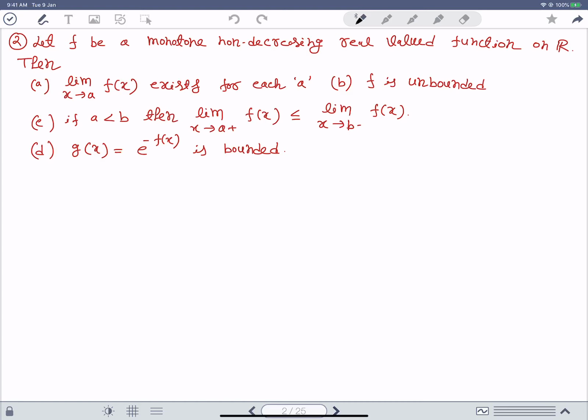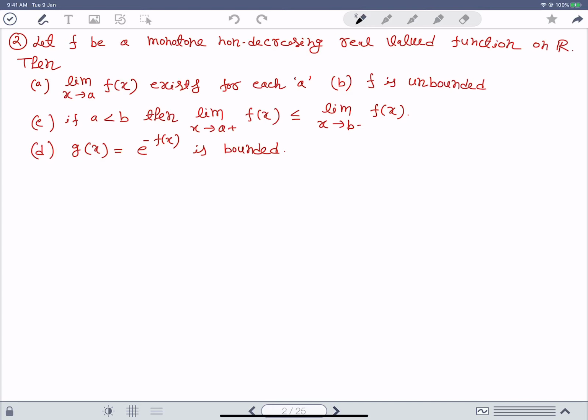So, this one. It says let f be a monotone decreasing real valued function on R. Now, which of the following are true? The first one is: the limit as x tends to a of f of x, that is the limit of the function f at x equal to a, always exists for each a.